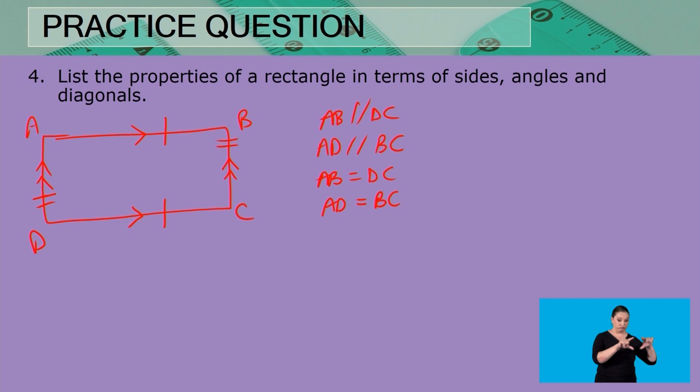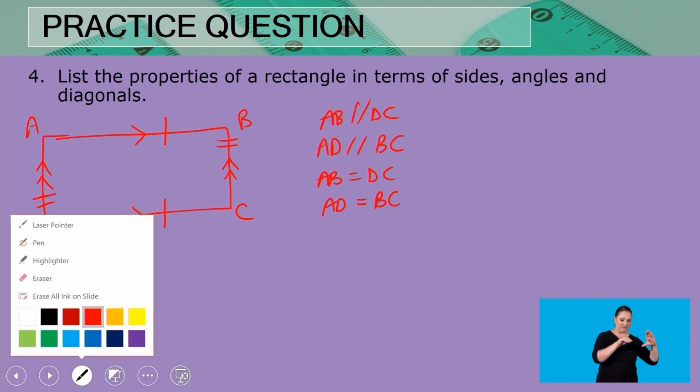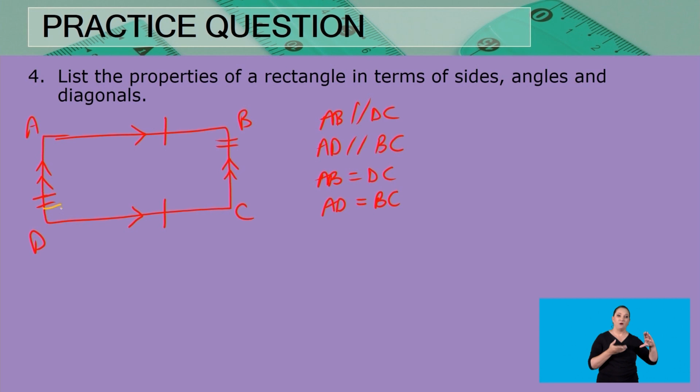But what makes a rectangle different from a parallelogram is that the interior angles of a rectangle are known, and they are 90 degrees. So in a parallelogram, yes, the opposite angles are equal, which is also true for a rectangle, but we know that the angles here are 90 degrees.